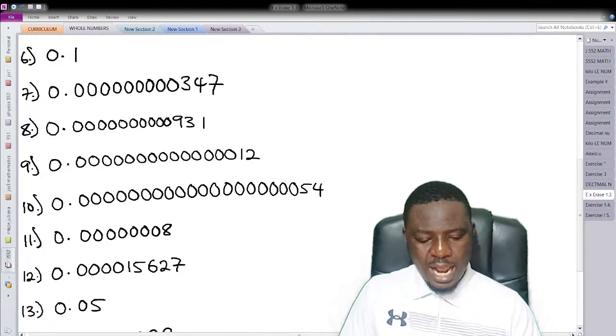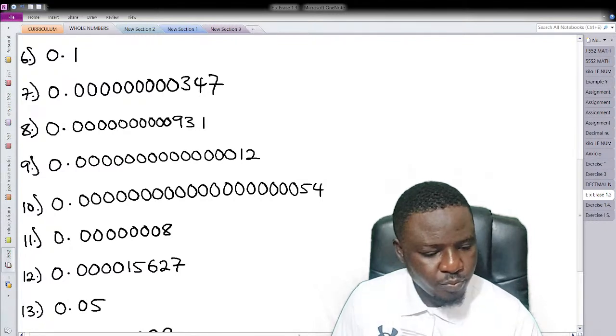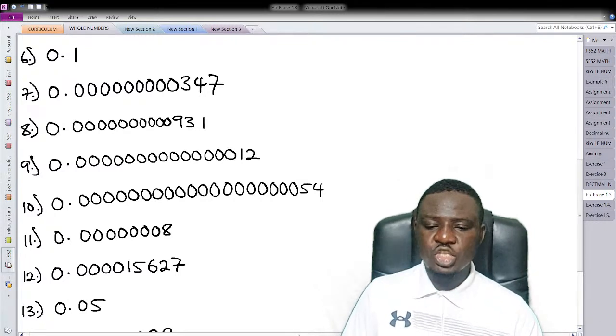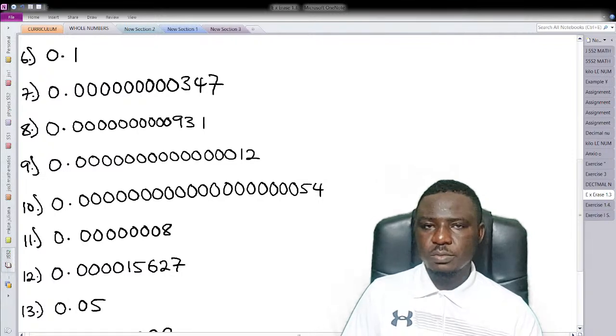You solve and drop your answers at the comment section. For those of you who are just joining us, you're welcome to today's class. The question is for you to express what we have on the board in standard form. They are given as decimal numbers, so express them in standard form using the examples on the board.